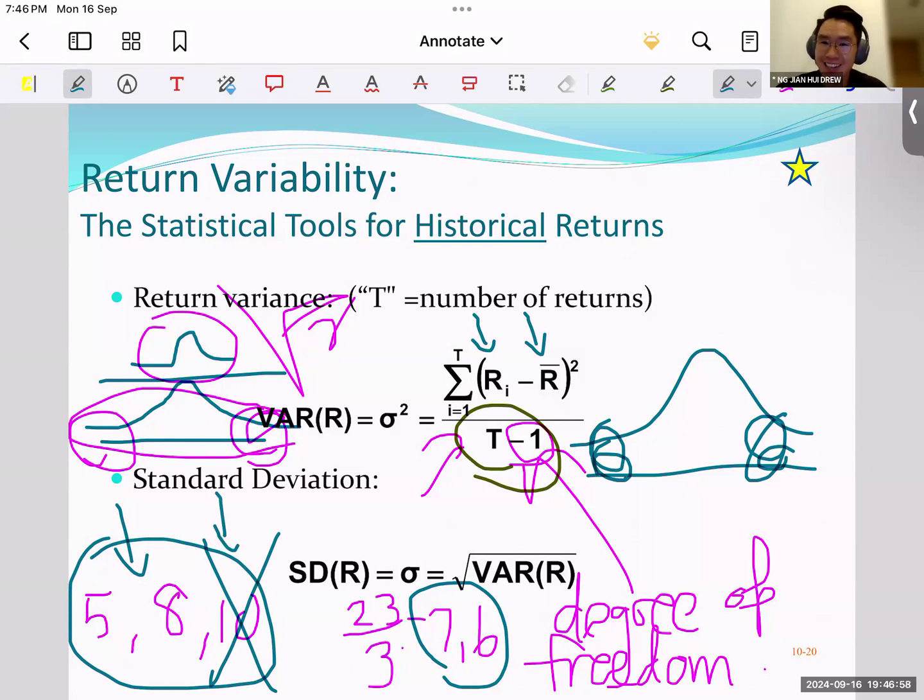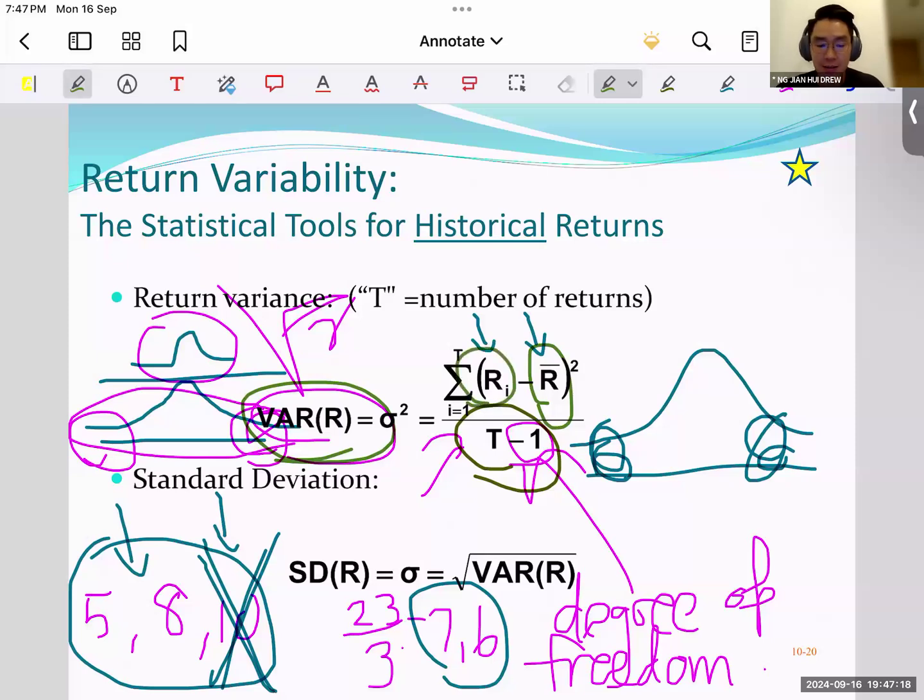We can. We can derive the missing number if we have the average and two numbers. So in the variance formula, we are using the average and the returns Ri. Do we actually need the last number? No, which is why we minus one. We just need two numbers, actually. This is the reason why it's minus one.